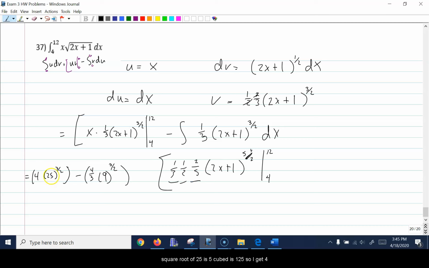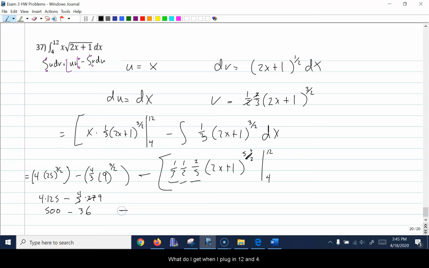Square root of 25 is 5, cubed is 125. So I get 4 times 125 minus, square root of 9 is 3, cube that, 3 times 3 times 3 is 27. 4/3 times 27, that's 4 times 9. So this one is 500 minus 4 times 9 is 36.